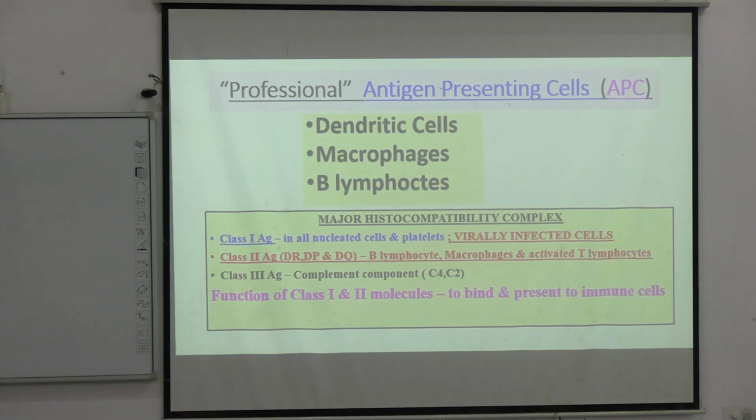Why are they called professional? You are giving an examination, that is called a professional examination. University students are also giving examinations. Other disciplines are there, but before their examination, a professional award is not there. But in your case, it is there. So there is a definite reason for it. Similarly, the primary job of these antigen presenting cells is to present antigens.